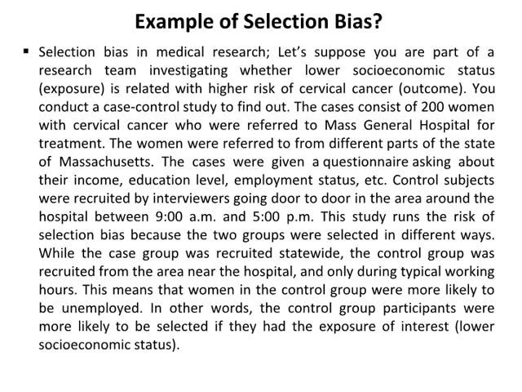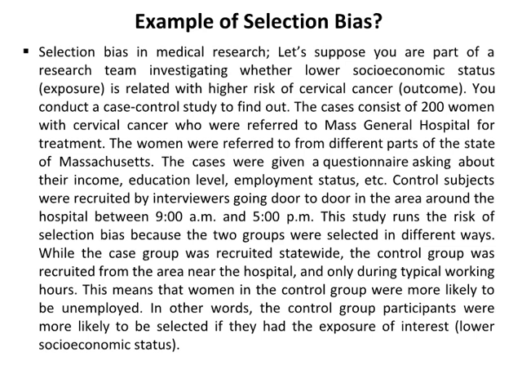Control subjects were recruited by interviewers going door to door in the area around the hospital between 9 a.m. and 5 p.m. This study runs the risk of selection bias because the two groups were selected in different ways. While the case group was recruited statewide, the control group was recruited from the area near the hospital, and only during typical working hours.